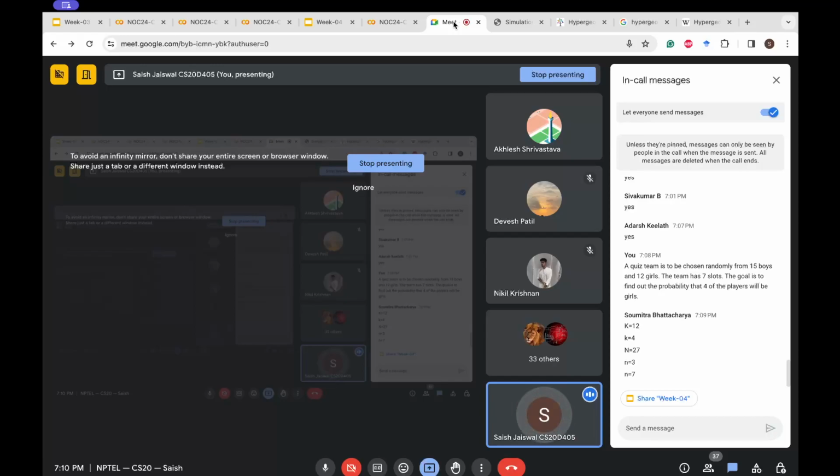You have 3 parameters over here: capital K, capital N, and small n. And k is the random variable value, small k. Is that clear to everyone? Nikhil?